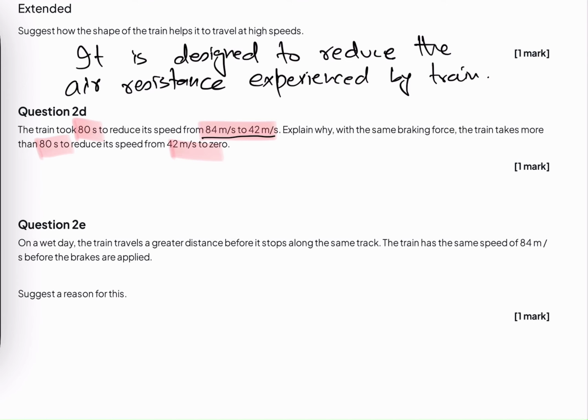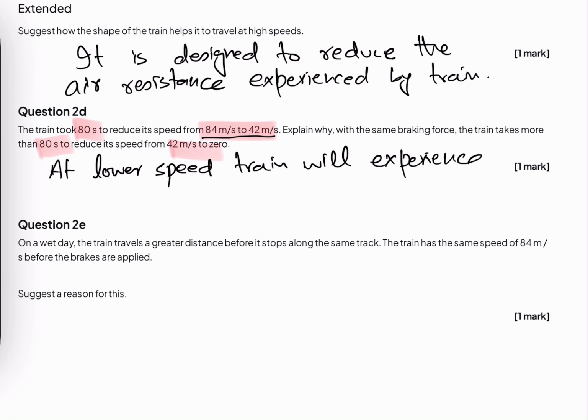Because at lower speed the train will experience less drag, the train will experience less air resistance, so it will take more time to stop.